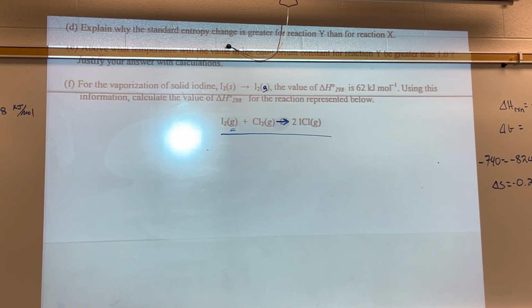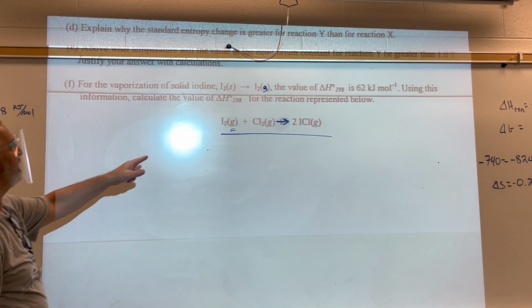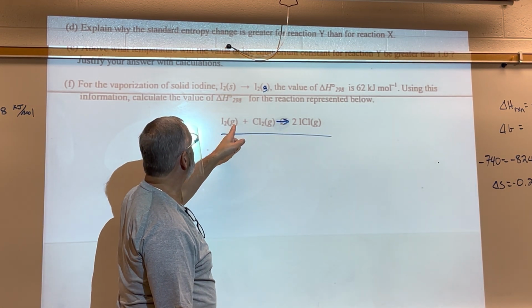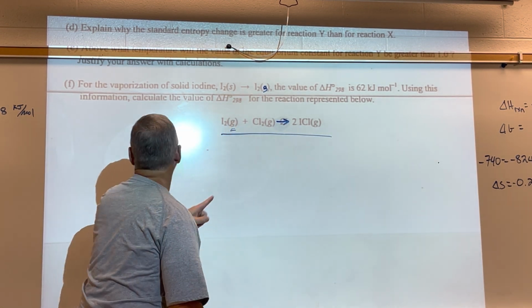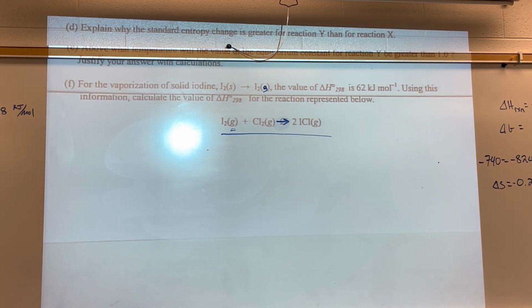You got two equations. What do we do with two equations? Hess's law. Okay? We got to use this equation right here to change the solid to a gas. Since I have solid on this side, I need solid on the other side to cancel it. So I'm going to say I2 gas going to I2 solid.